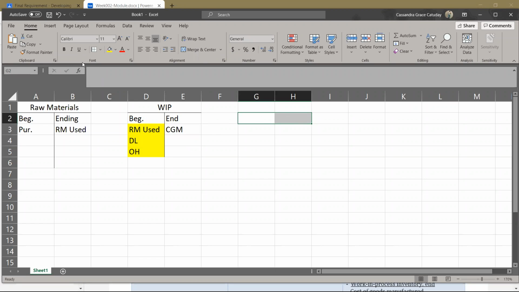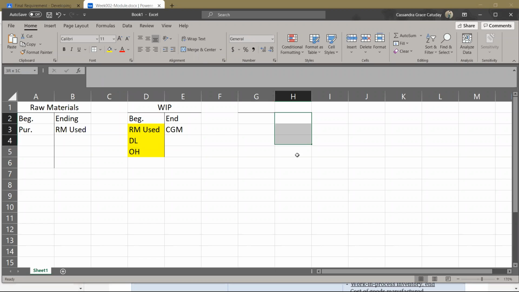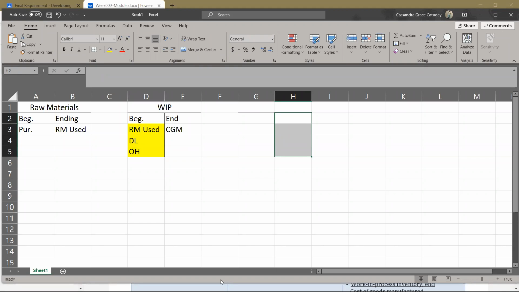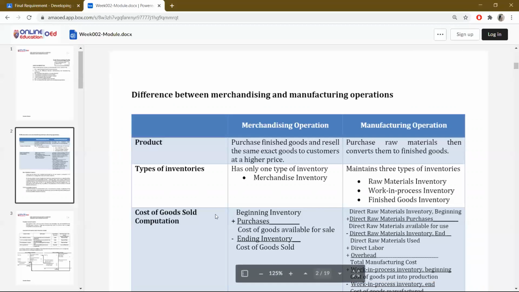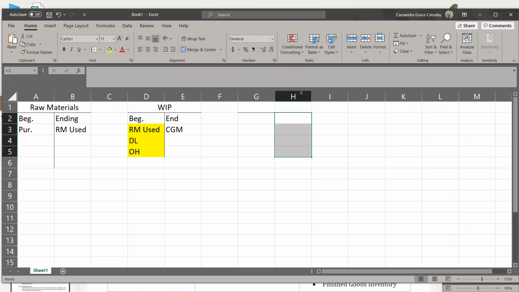And then, of course, our goal here is to compute for the cost of goods sold. So we still have to make another T account, which is for the finished goods. Okay, so here, this is the finished goods inventory.